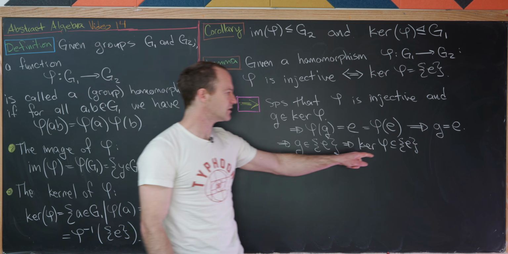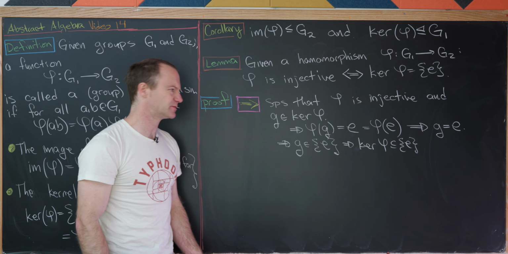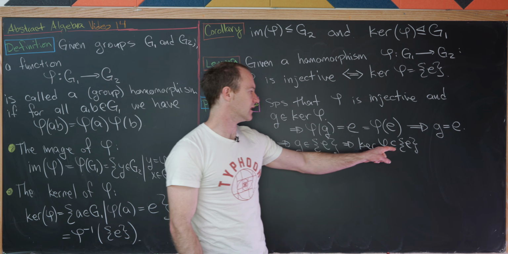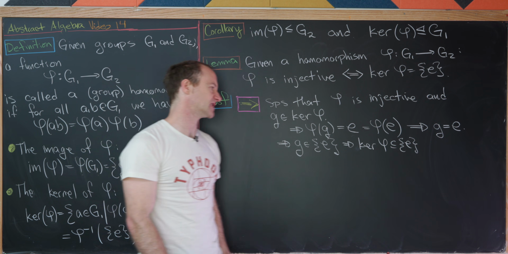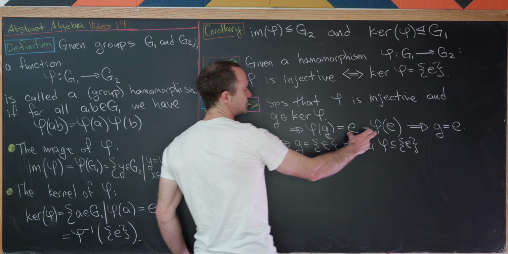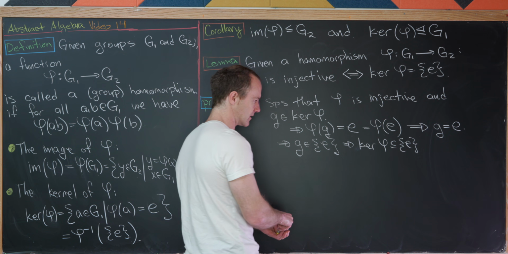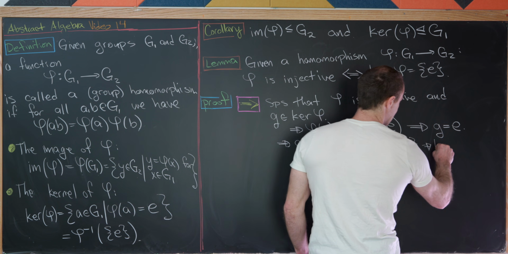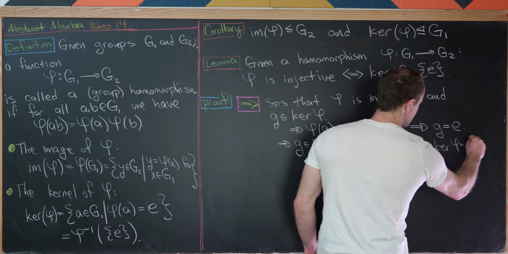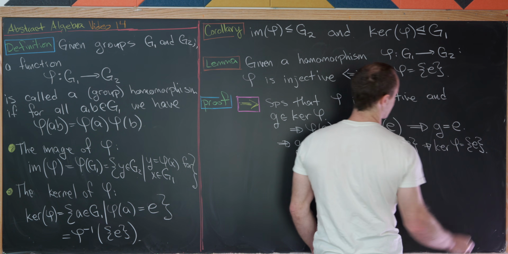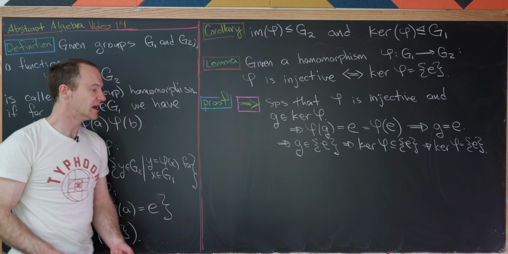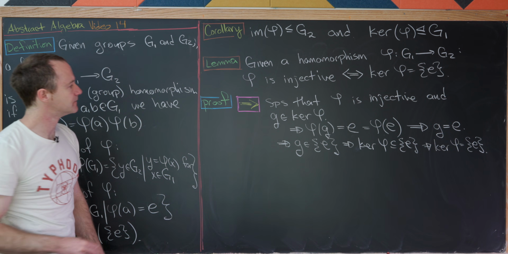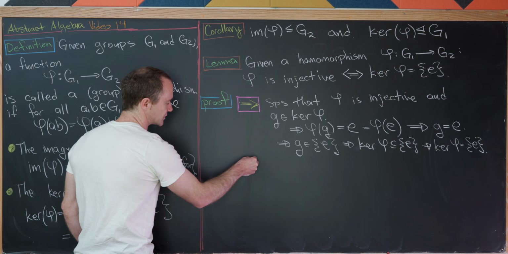Oh, but then notice that the other direction is pretty clear: the identity is definitely in the kernel of phi. In fact, we just used that for this equality right here. So that together with the other obvious inclusion tells us that yes, the kernel of phi here is trivial. In other words, it contains only the identity element. And now we'll move on to the reverse direction.